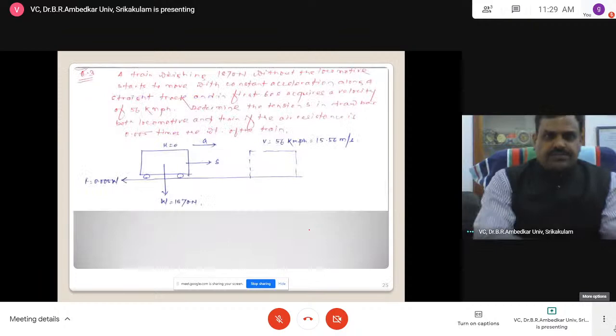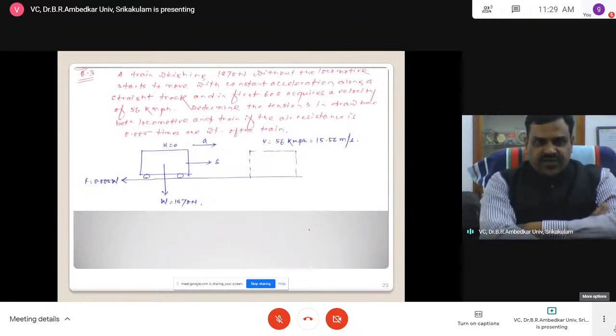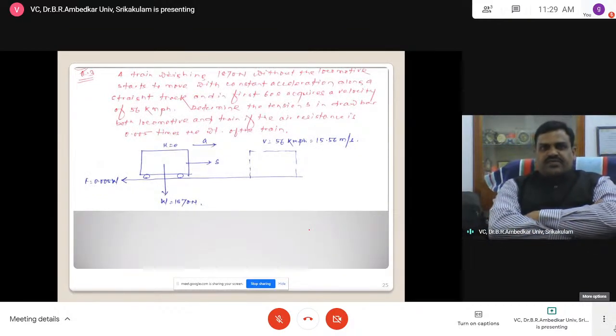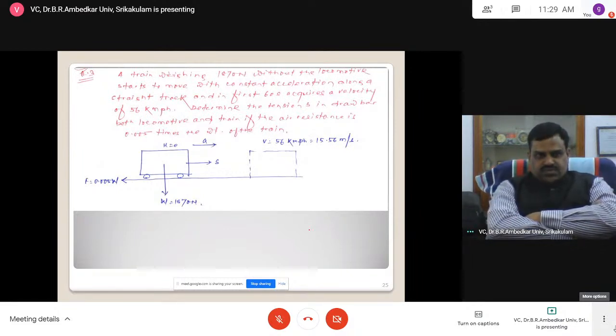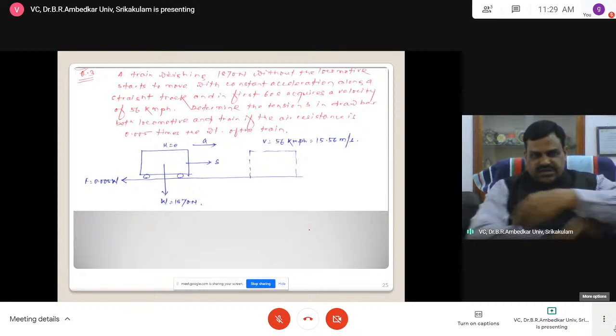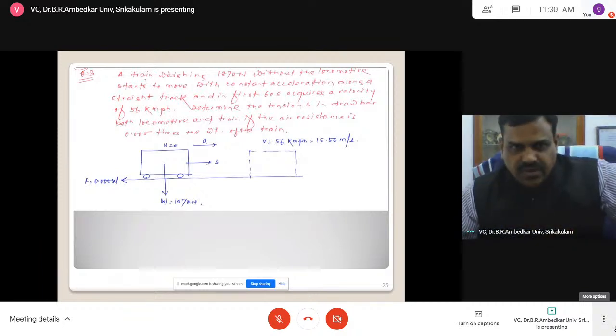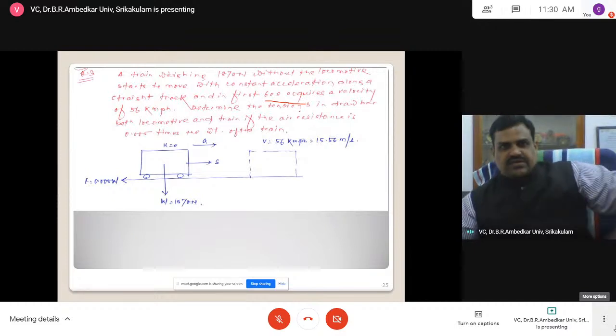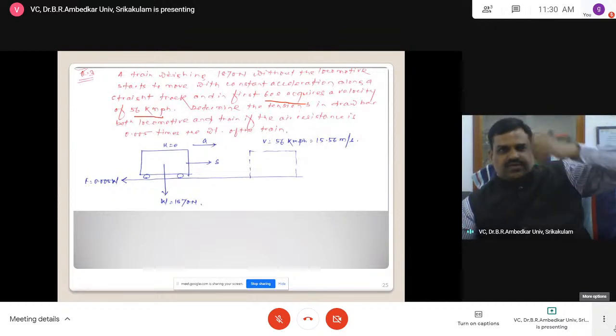Now go to one more problem. A train weighing 1870 newtons without the locomotive starts to move with constant acceleration along a straight track, that is rectilinear motion, and in the first 60 seconds acquires a velocity of 56 km per hour.